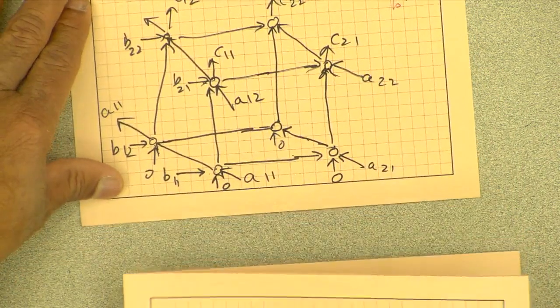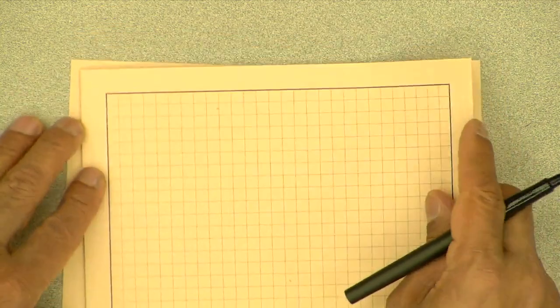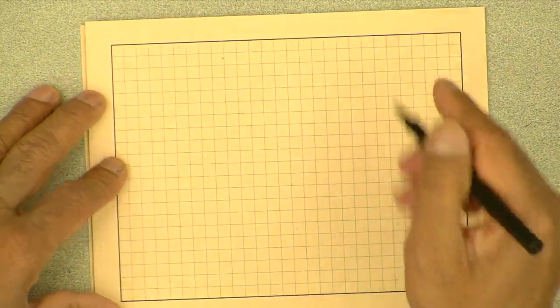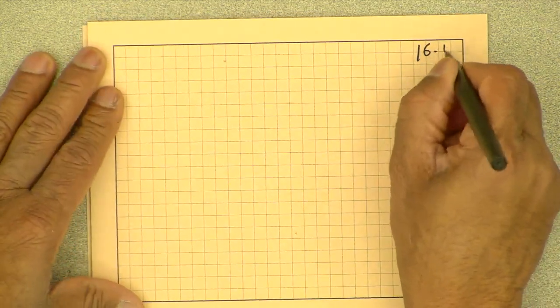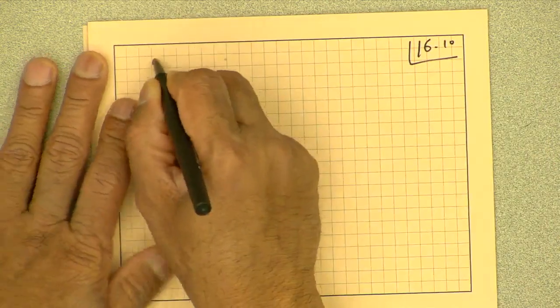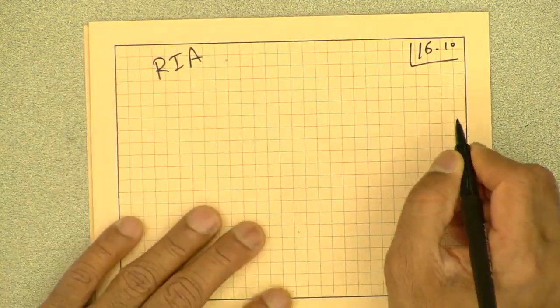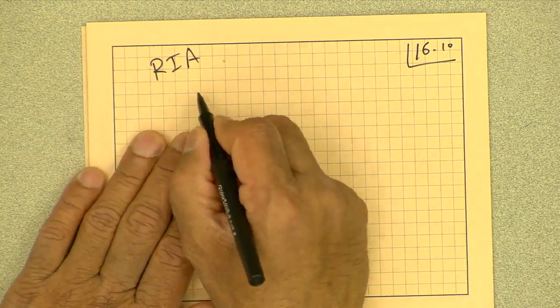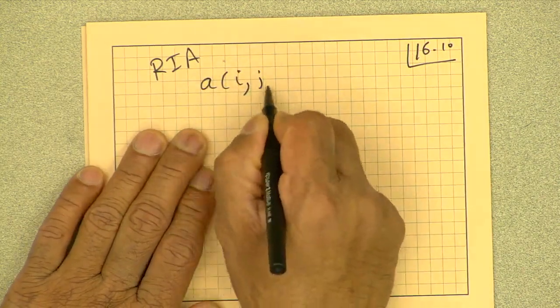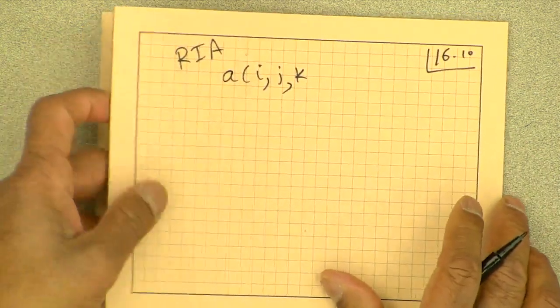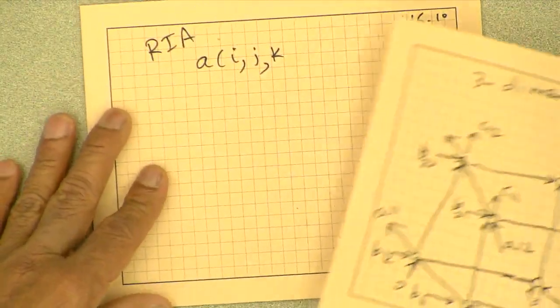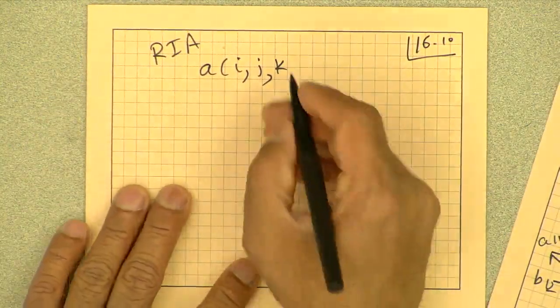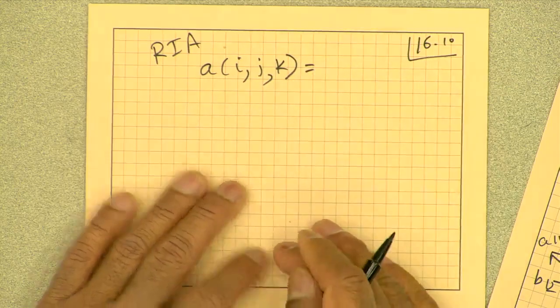So the regular iterative algorithm, Aijk, and at any point ijk, we have a 3-dimensional space graph or dependence graph.